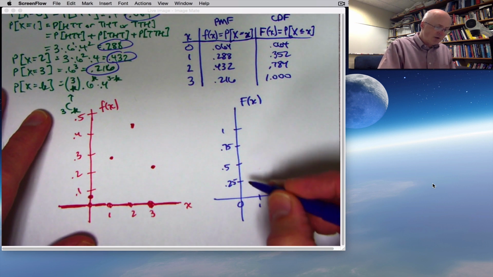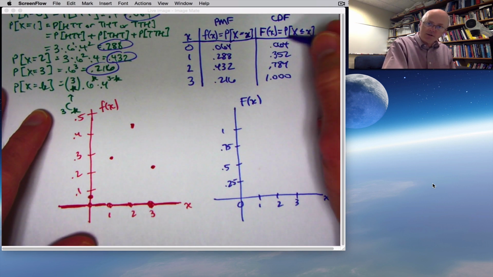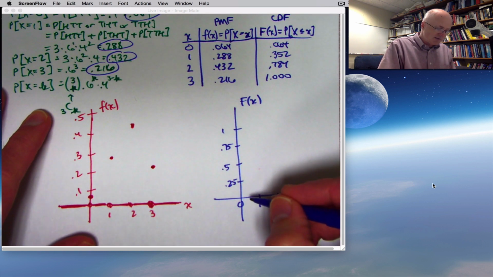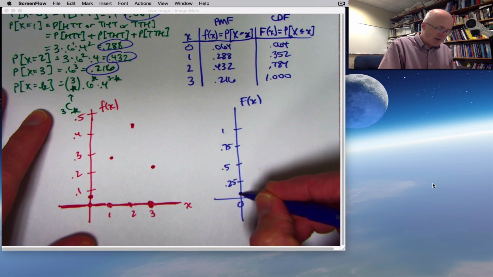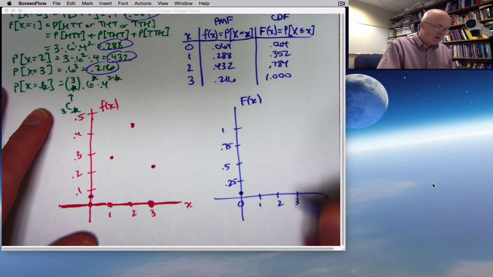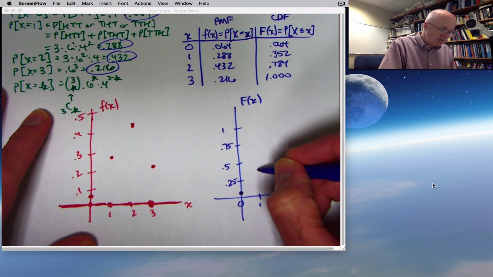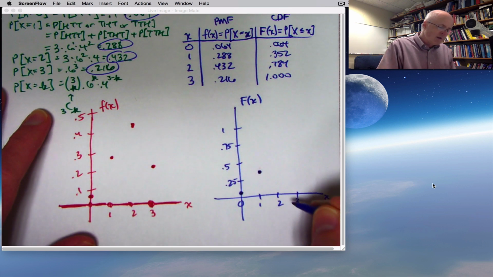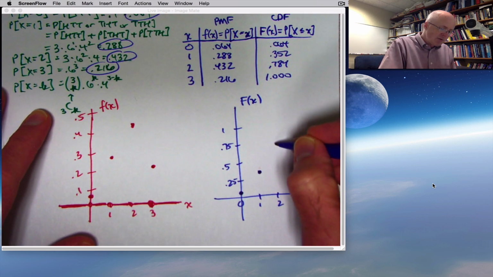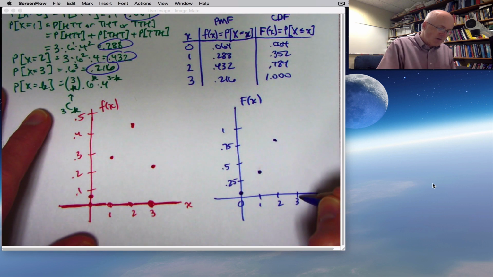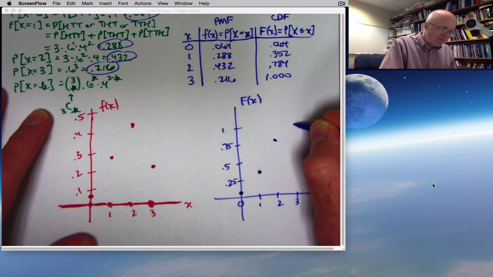Its values at 0, 1, 2, and 3 are these numbers that you see here. 0.064 down here when x is 0. 0.352 when x is 1. That gets up to about, let's see, maybe right here or so. 0.784, it jumps up to way up here when x is 2. And finally, when x is 3, it jumps up to 1.